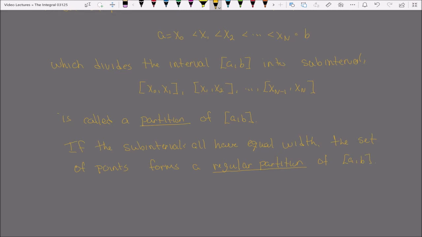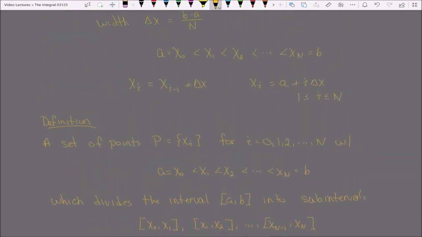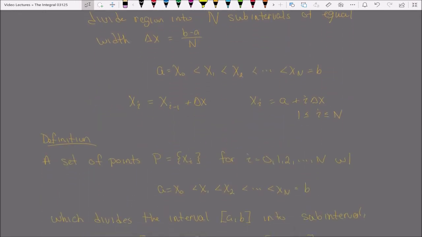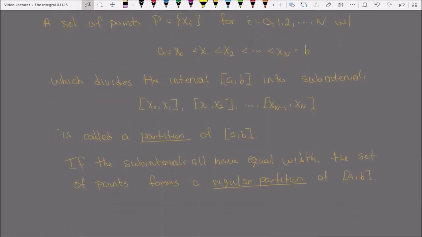So if all of the subintervals have equal width, which is how we defined it up here, then it's a regular partition.